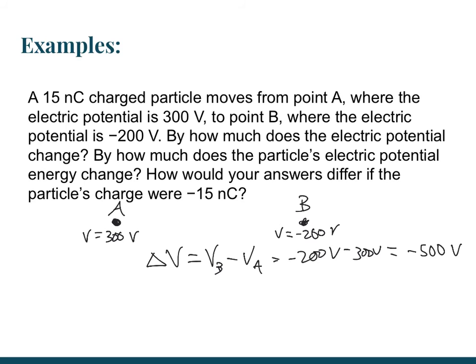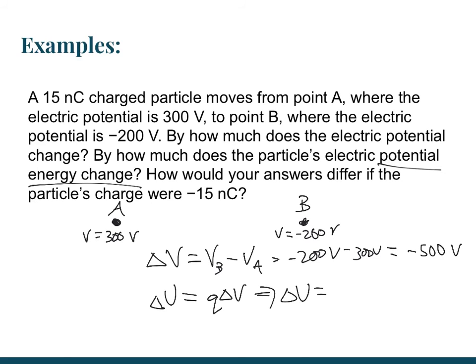Cool. Next question, by how much does the particle's electric potential energy change? So this is based on the equation change in U equals Q times change in V. So let's plug and play.